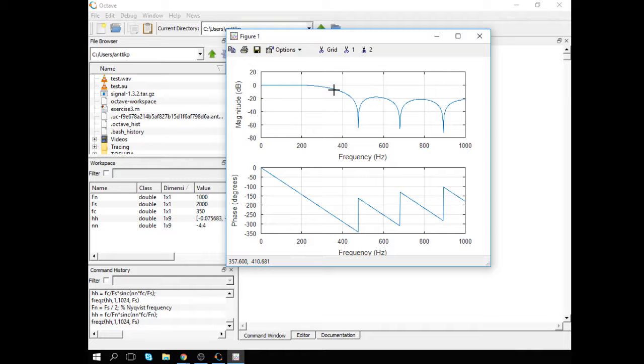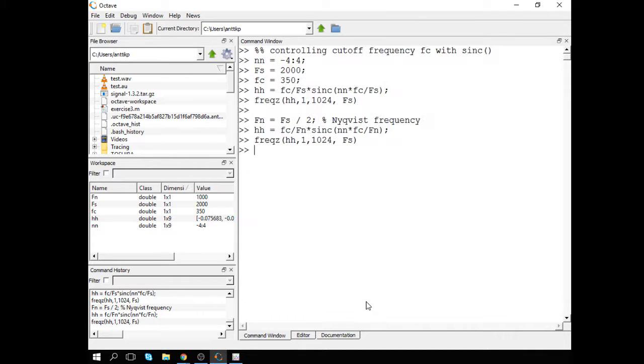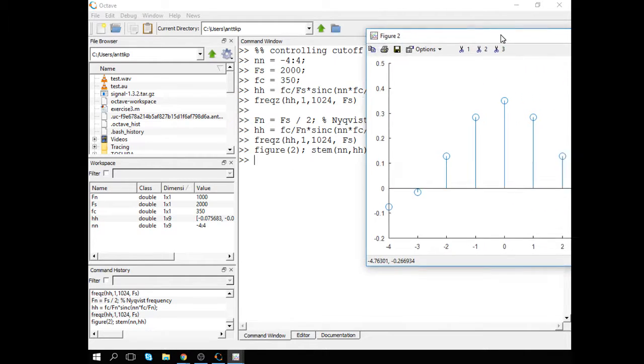For example, I can take a triangular shape window. That will be easy to manage. So let me plot something now. So new plot and stem the current impulse response.